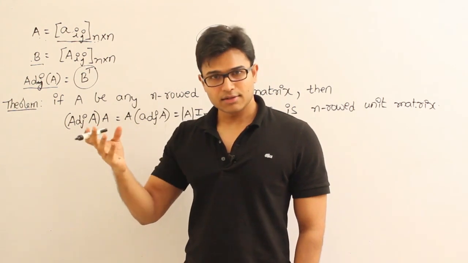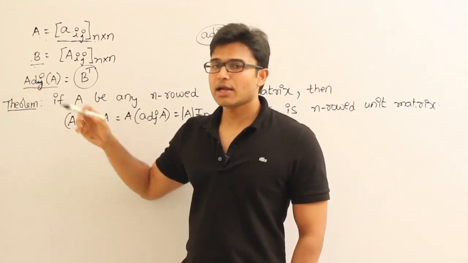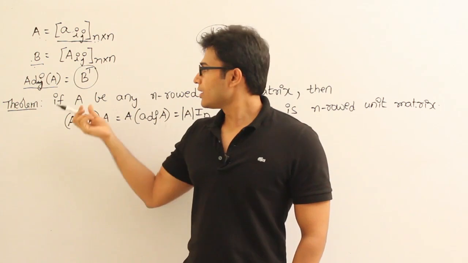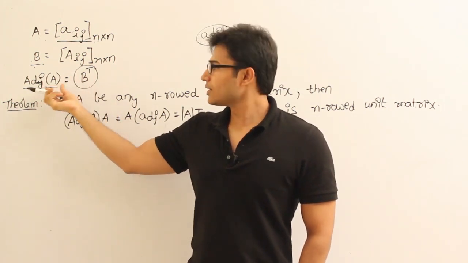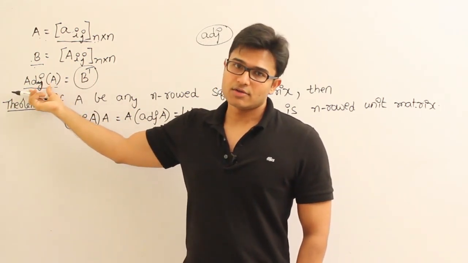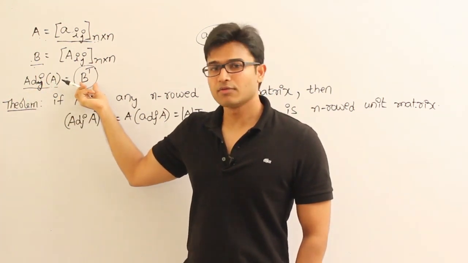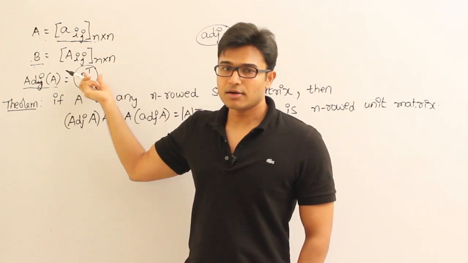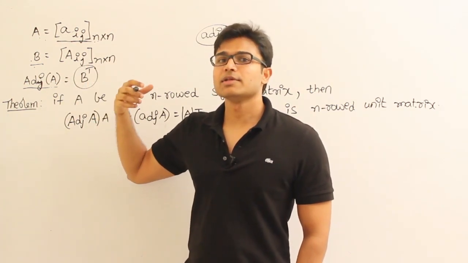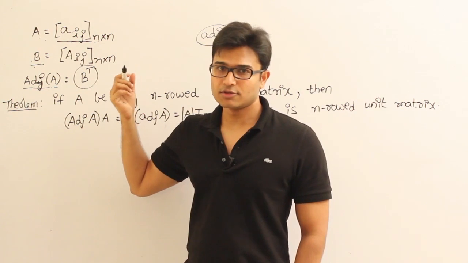Get the resulting matrix, call it B, and find its transpose. Such a matrix is called the adjoint of A. So adjoint of A equals B transpose, where B is obtained by replacing every element with its cofactor.